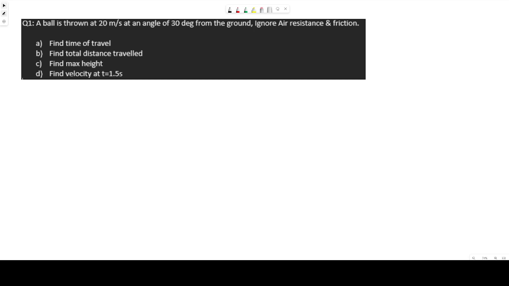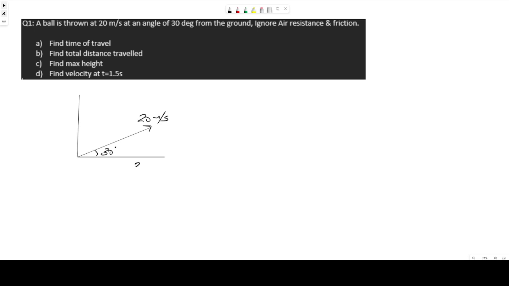So I'm just going to draw a quick free body diagram for this. That's the y-axis. This is the ground, and then the ball is thrown right here at an angle of 30 degrees at 20 meters per second.